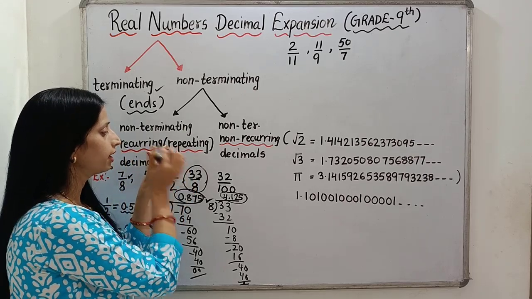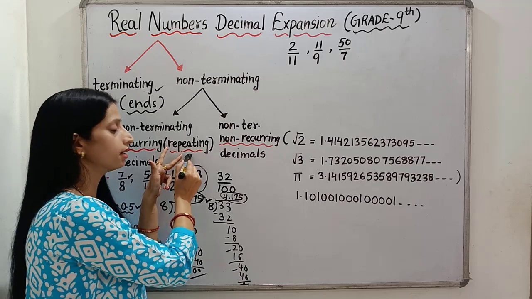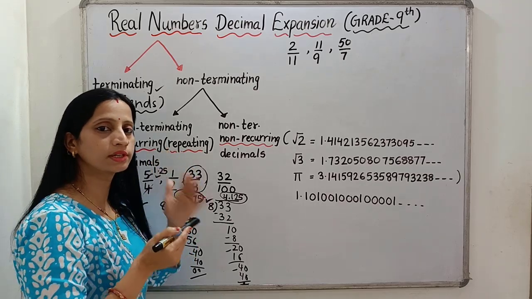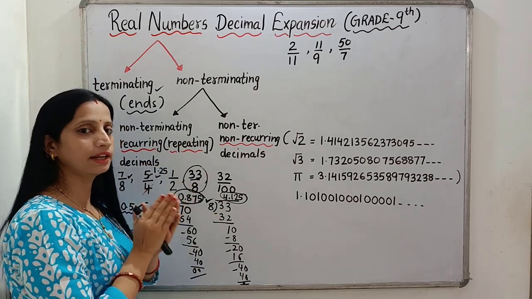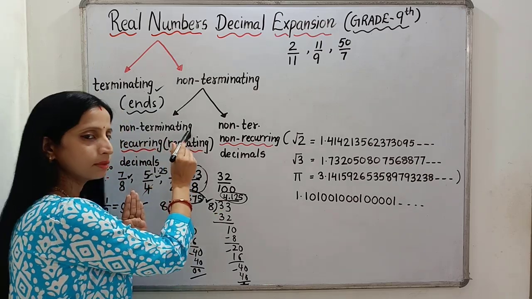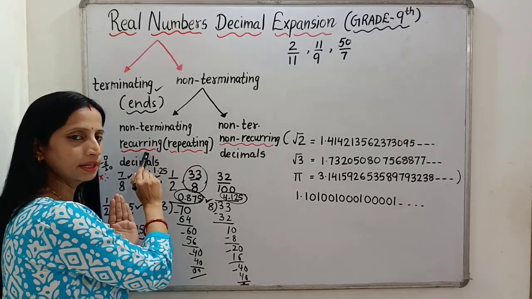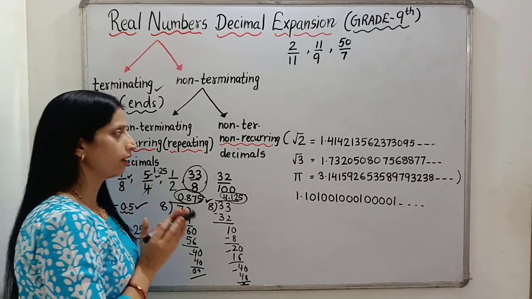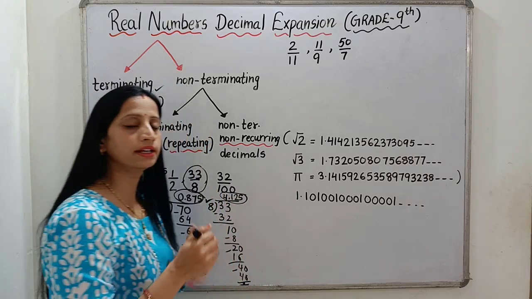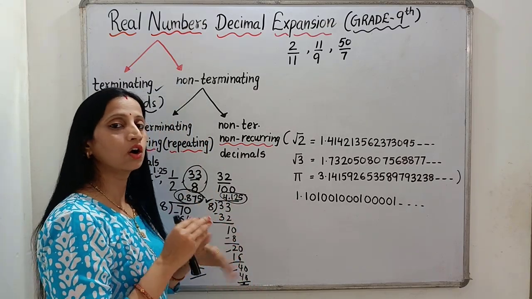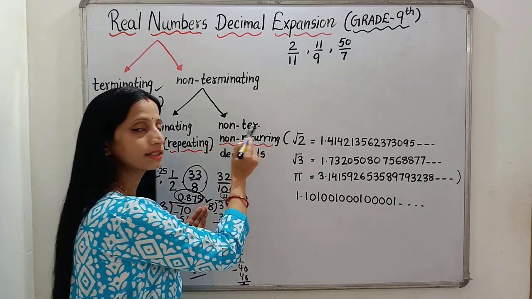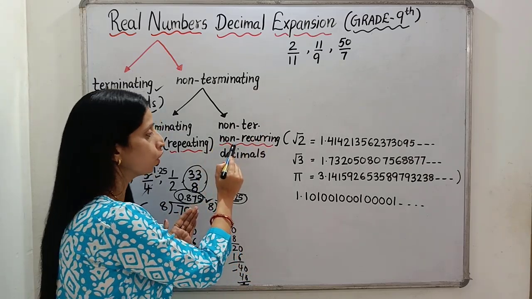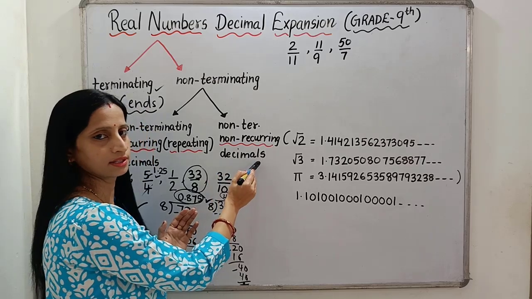When in a division a certain digit or a group of digits gets repeated again and again, in that case it is known as non-terminating repeating decimal numbers. And when after dividing it is not ending and not a single digit is getting repeated, in that case it is known as non-terminating non-recurring decimal numbers.